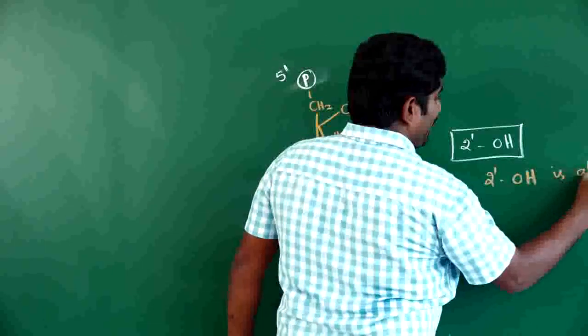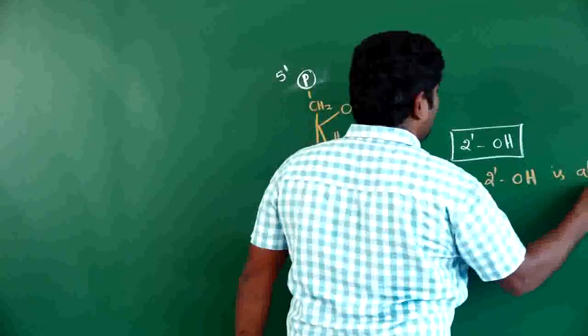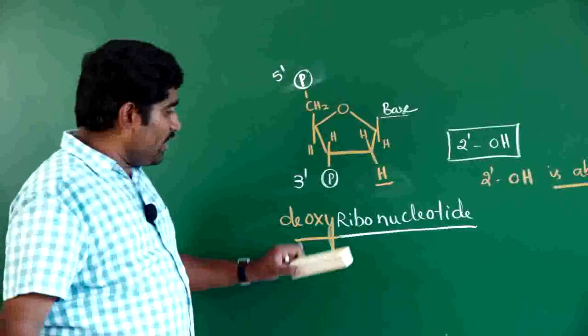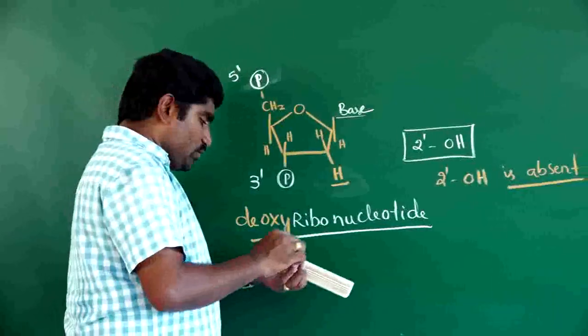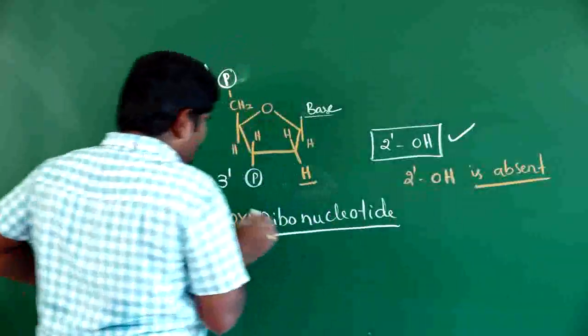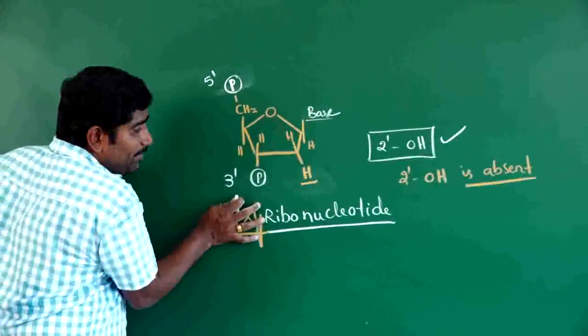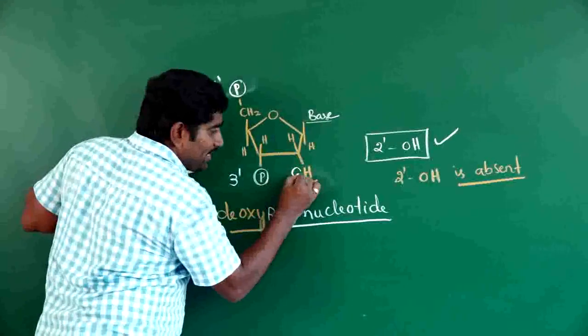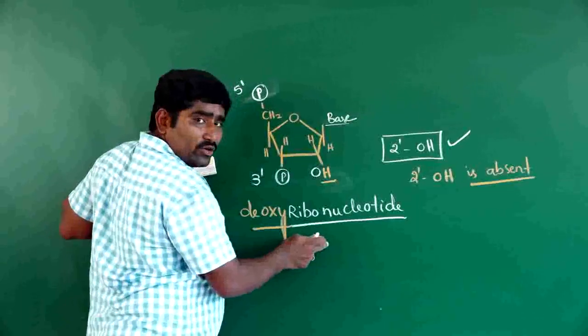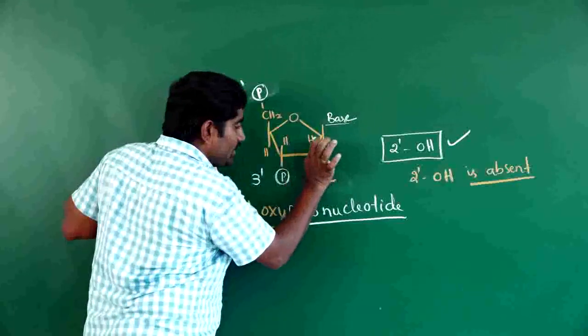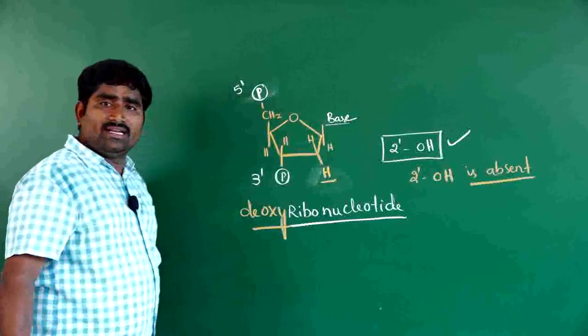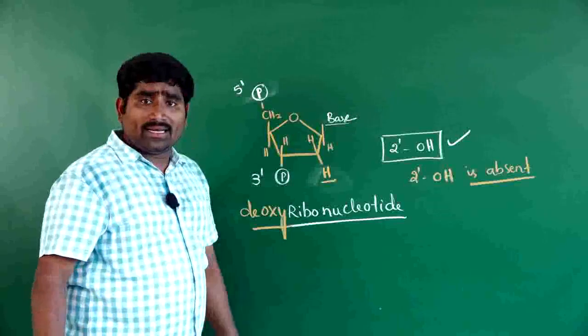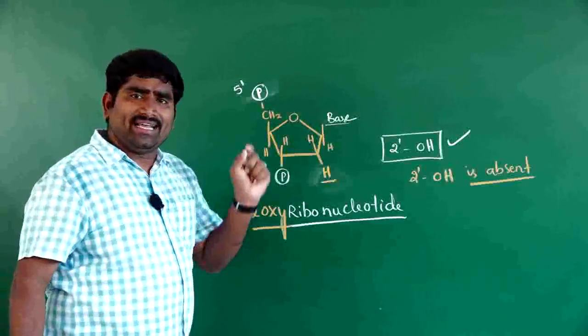If the 2' OH group is absent, that is called DNA, deoxyribonucleotide. If the 2' OH group is present, then this is called ribonucleotide. If it is OH, then that is ribonucleotide. If it is only H, then this is DNA, deoxyribonucleotide. So that is the main difference between DNA and RNA.